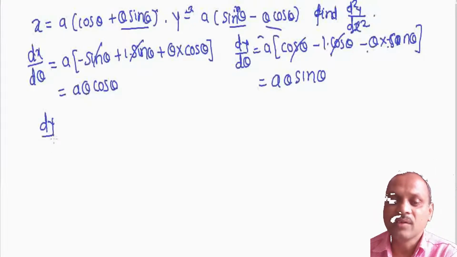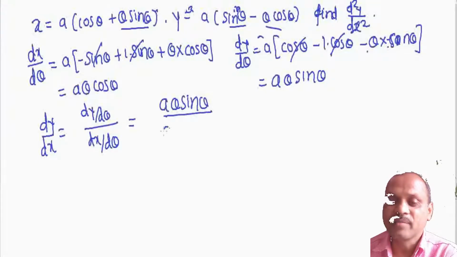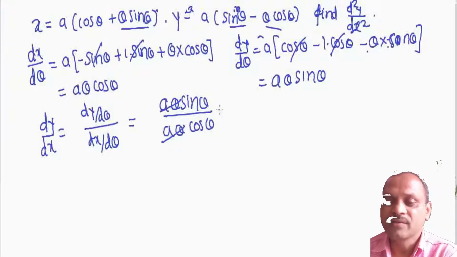So we write dy by dx equal to dy divided by d theta, whole divided by dx divided by d theta. The d theta gets cancelled, and this is a theta sin theta divided by a theta cos theta. The a theta gets cancelled and we have a tan theta.